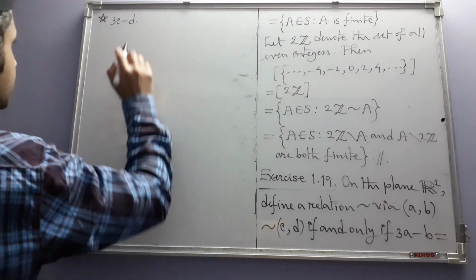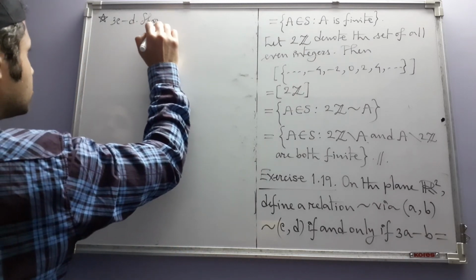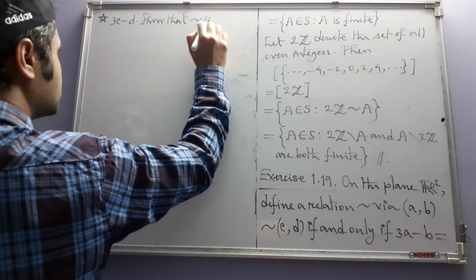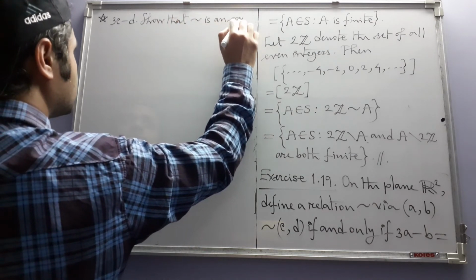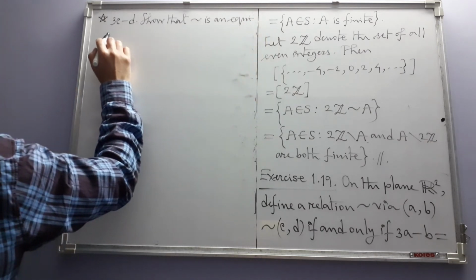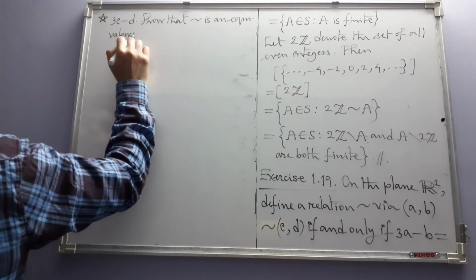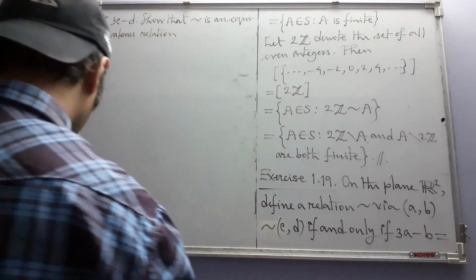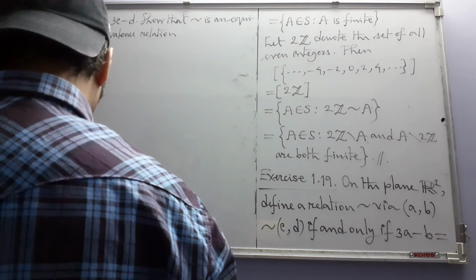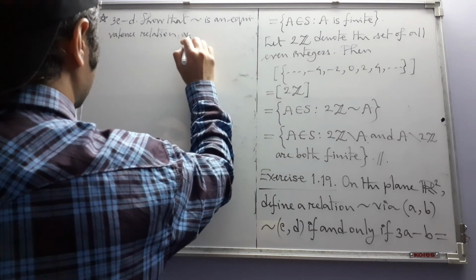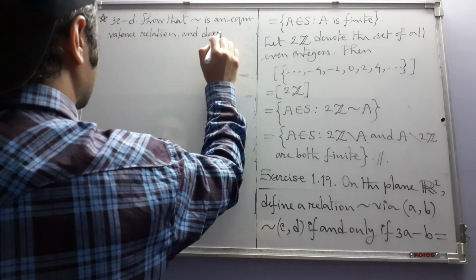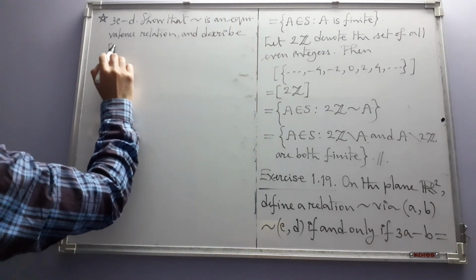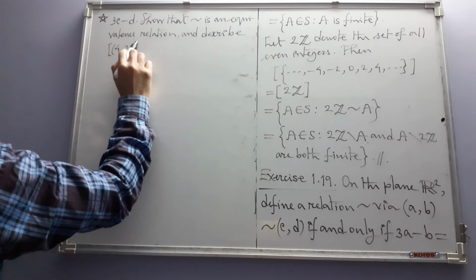Show that this is an equivalence relation, which will be very easy, and describe the equivalence class containing the point 4, 2.